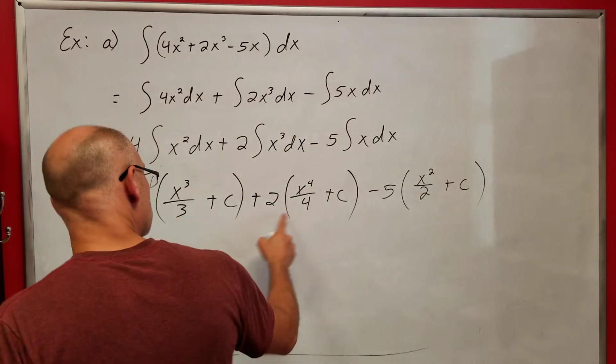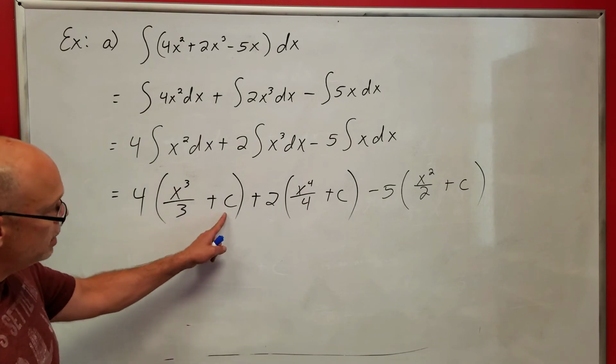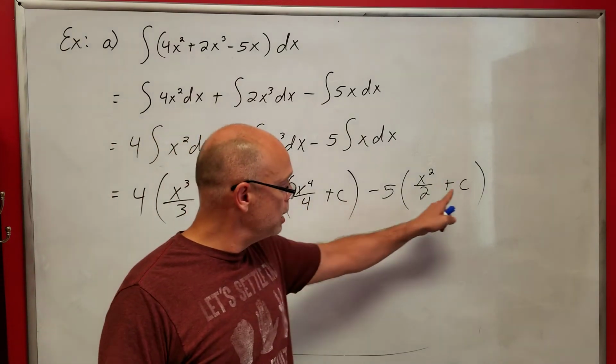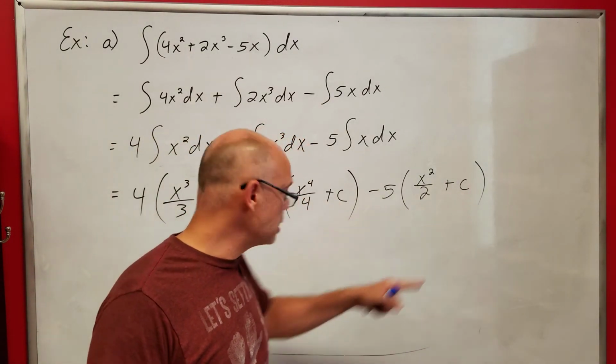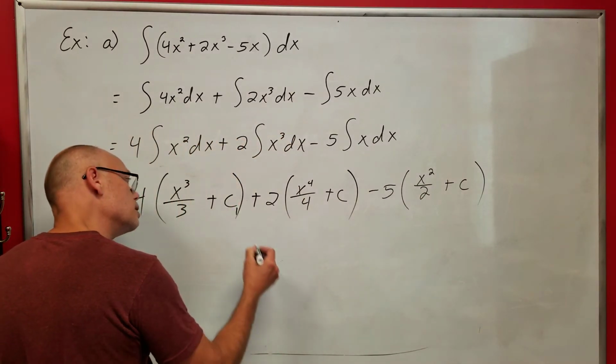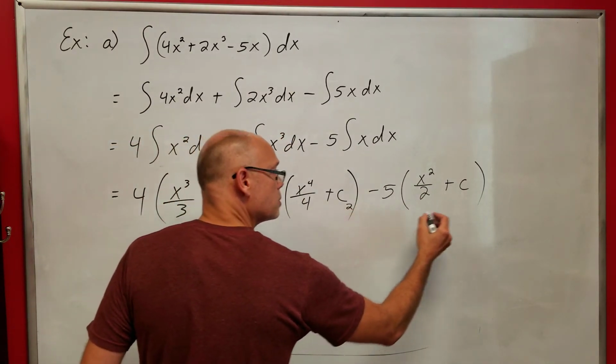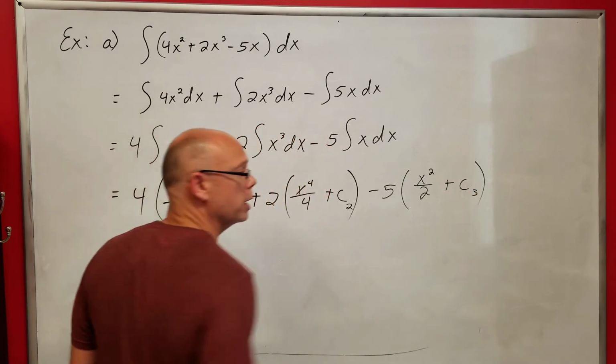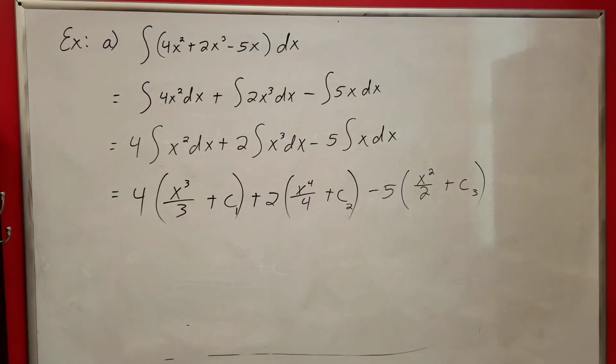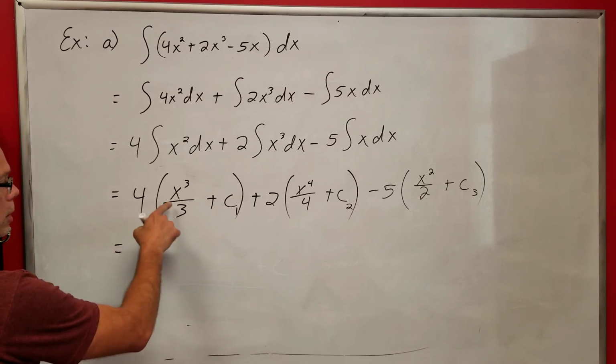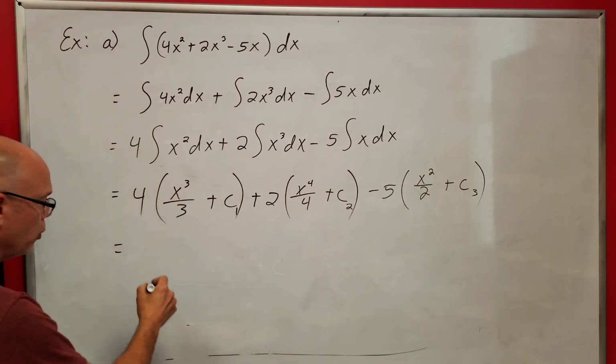Now we have a bunch of plus c's here. And this c isn't necessarily the same as that c, and they're not necessarily the same as that c. So I'm going to call them c subscript 1, c subscript 2, and c sub 3, because they might be three completely different numbers. Alright, let's rewrite this by distributing 4.